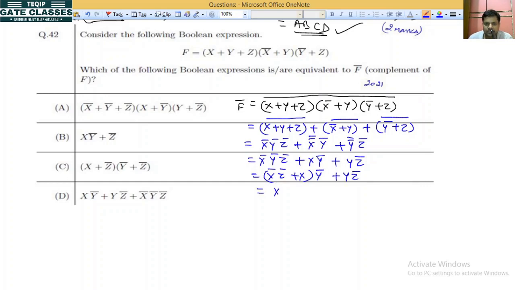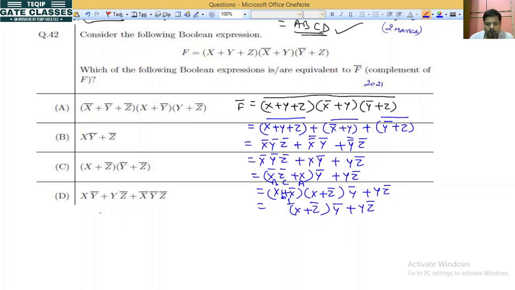Using A plus BC equals (A plus B)(A plus C), a plus b is x plus x bar, and it is x plus z bar, so y bar plus y z bar. Now this one is 1, so it will be (x plus z bar) y bar plus y z bar.